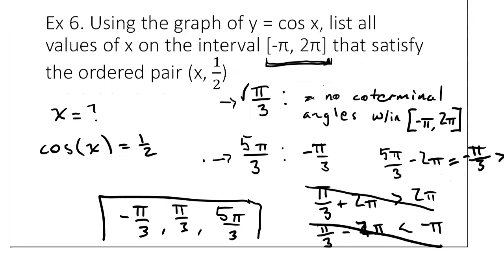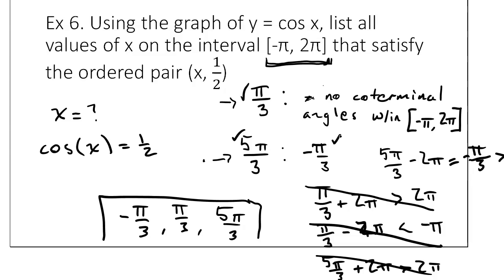However, if I try to add 2 pi to 5 pi over 3, this is going to be greater than 2 pi, so I cannot use that solution. So out of this angle, we could only get one coterminal angle within the range.